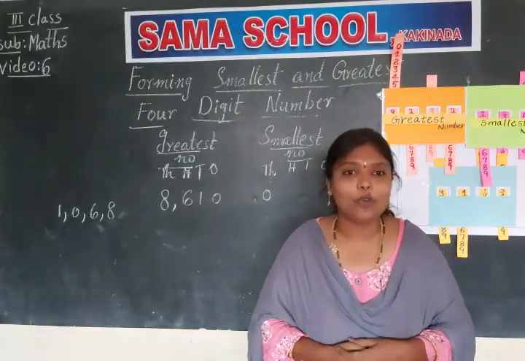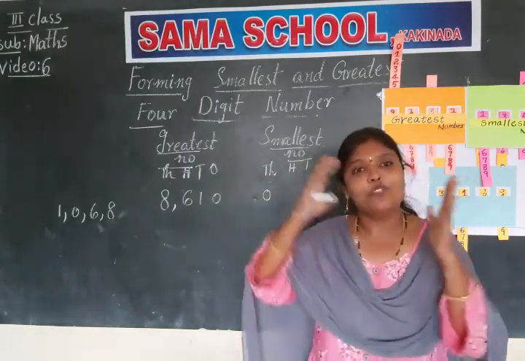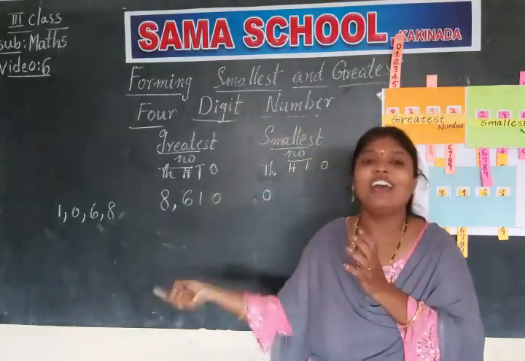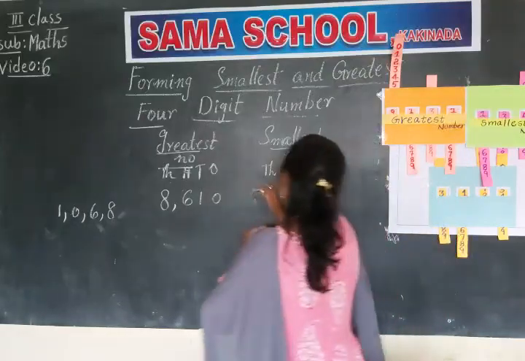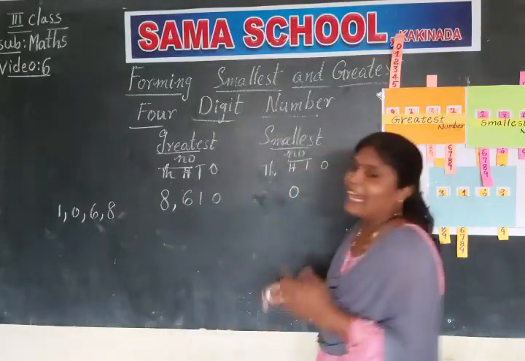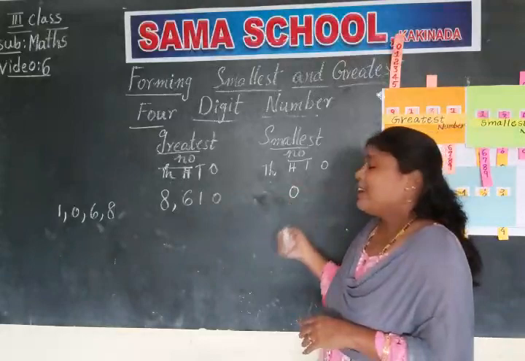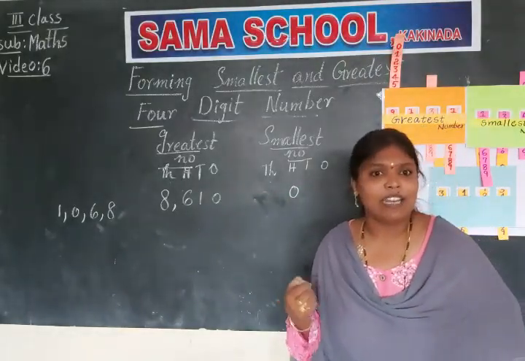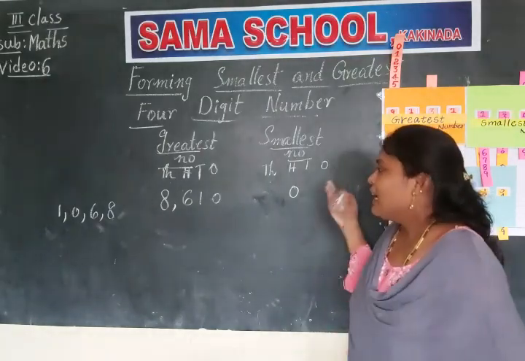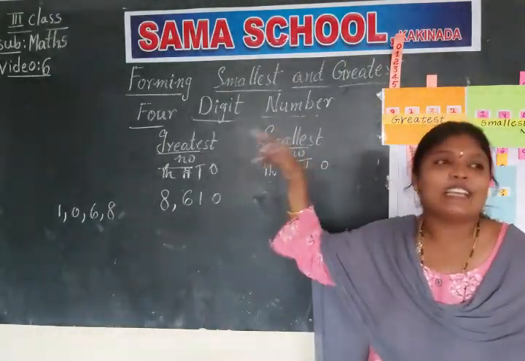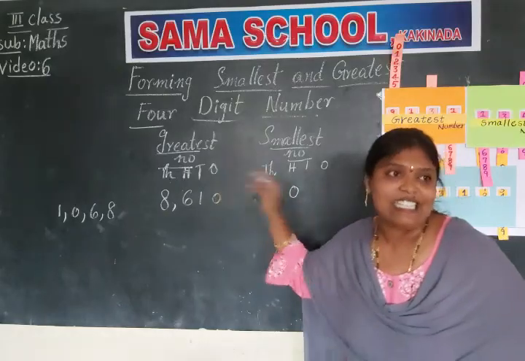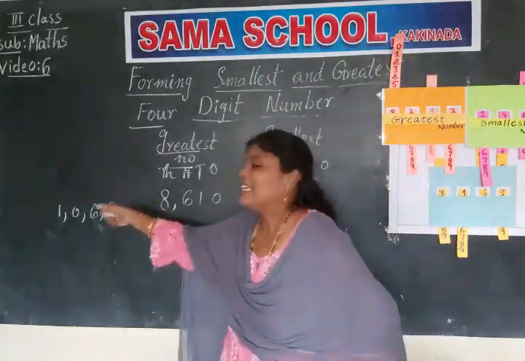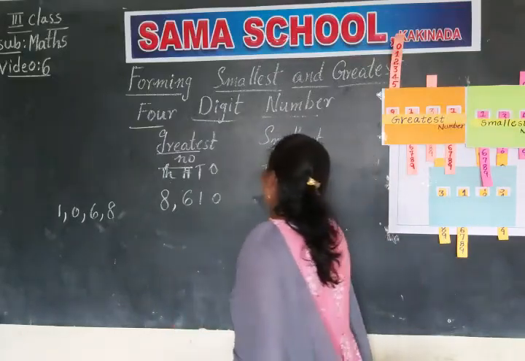Then what should we do? 0 moves to the next place. So write 0 in hundreds place. Now what about the thousands place? You may ask, right? That is a very good question. The next smallest number you have to write in thousands place. What is the next smallest digit here? 1.